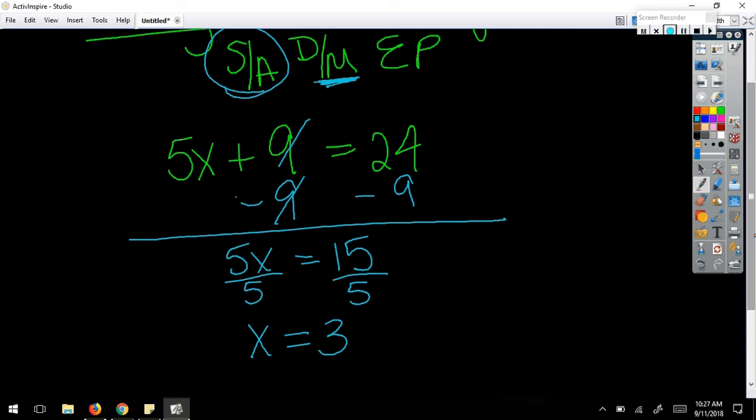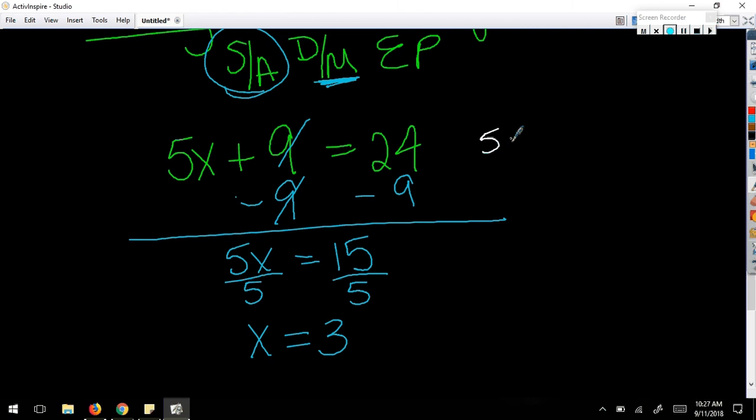That's why. All right, let's check it. Instead of x, I'm going to put a 3 in 5 times 3 plus 9. Now this way is PEMDAS because I'm simplifying. So you've got to remember: simplify, PEMDAS; solve, SADMAP.